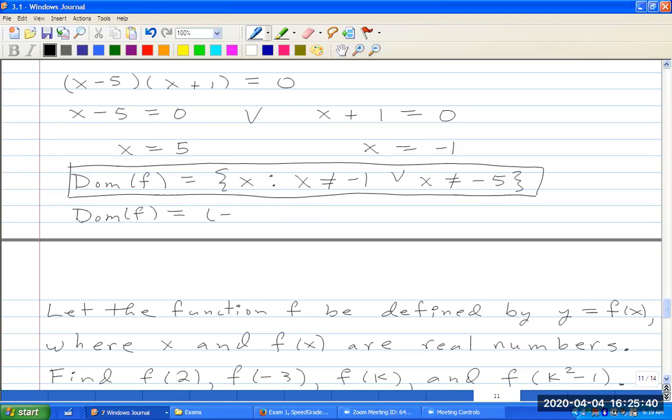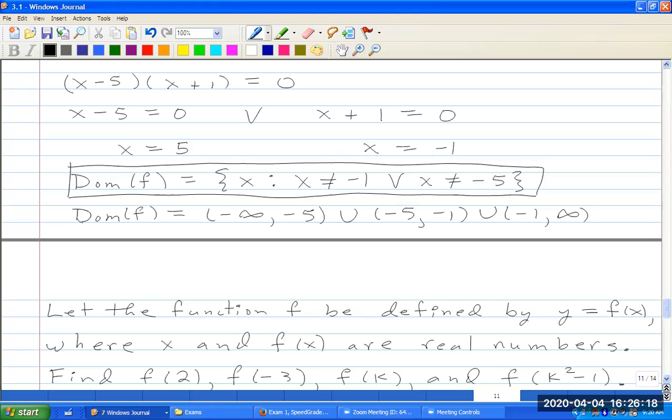It is -infinity to -5, because I don't want to include -5, so -5 to -1, because again, I don't want to use -1, union -1 to infinity. And so that's the domain of my function written in interval notation. And you can use either notation unless they specifically say to use a type of notation.